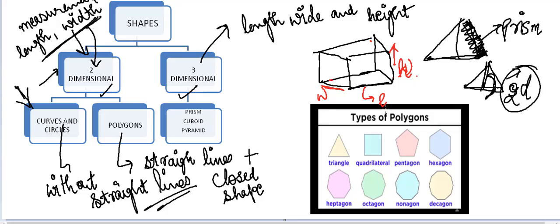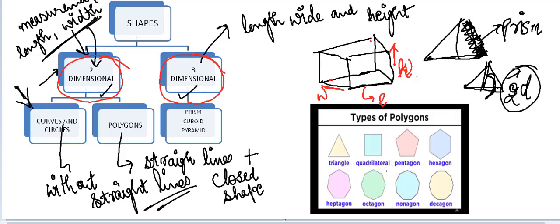We have three parameters. So this is a three-dimensional structure. Basically, if we have two parameters, then they are two-dimensional. If we have three parameters, then they are three-dimensional shapes.